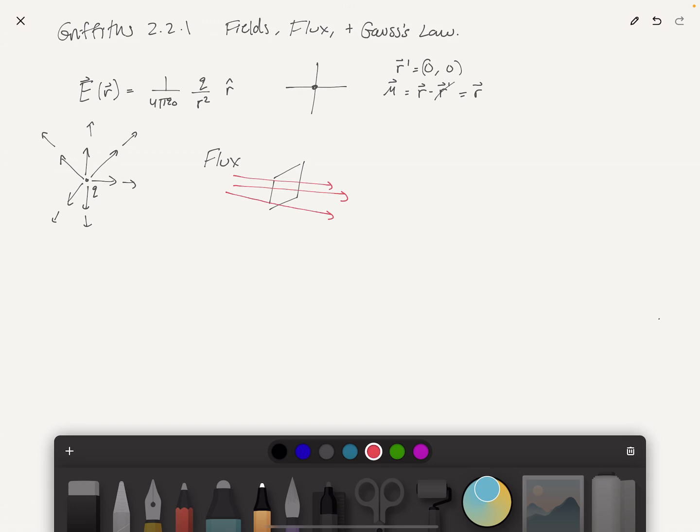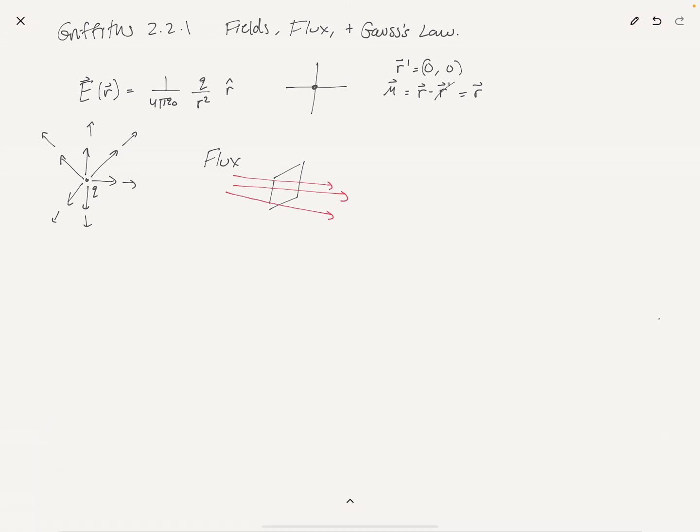The red lines would be parallel to each other. And the flux is defined as the component of these field lines that goes perpendicular to that surface, right? So this is going to be the projection of these field lines. So these are the field lines that are coming out perpendicular to that surface, which may or may not be exactly the same as the field lines that are going in.